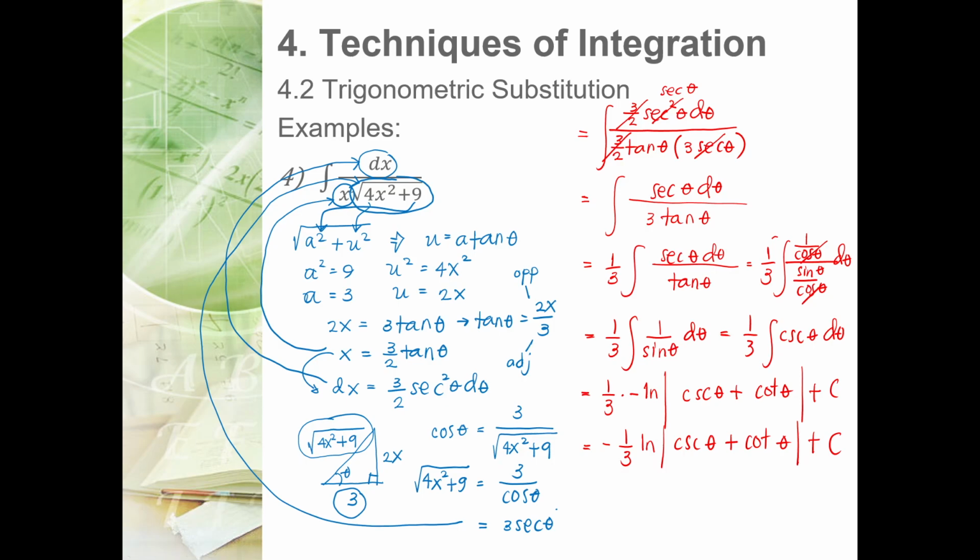So bringing back the values of your cosecant and cotangent. So cosecant is the square root of 4x squared plus 9 all over 2x, right?